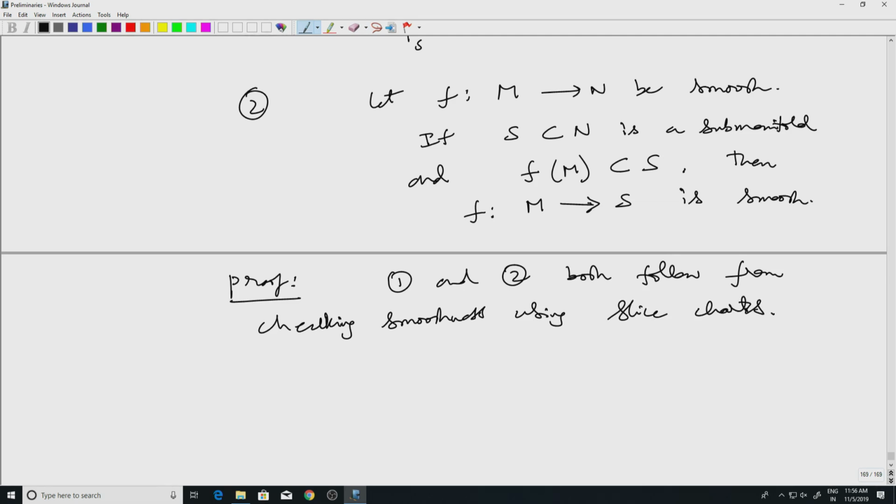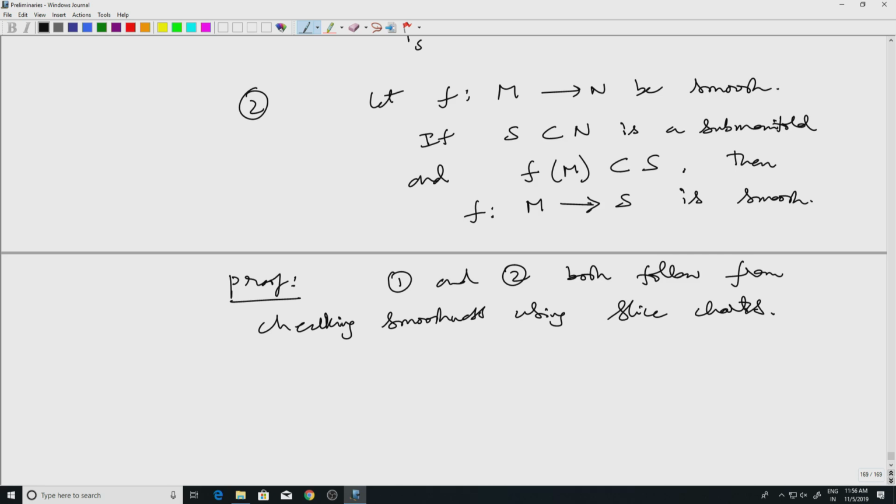The way we define smooth maps, we have to choose some charts and then see what the map looks like. So in both these cases, use slice charts for the submanifold and pretty much any chart for the other things, and then you are done.